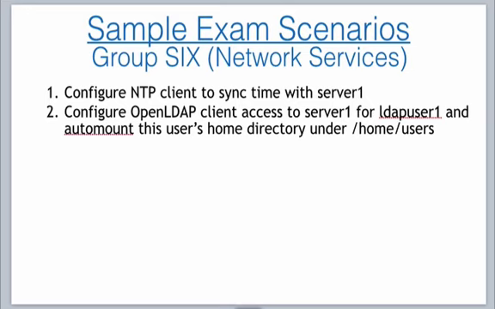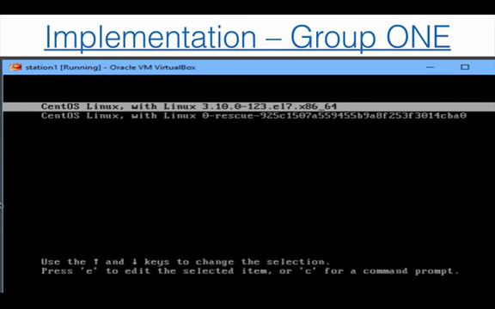And the last group, which is group number 6, has 2 tasks to accomplish related to network time sync and remote authentication and automounting. Okay, let's get started with the configuration on Station 1 now.